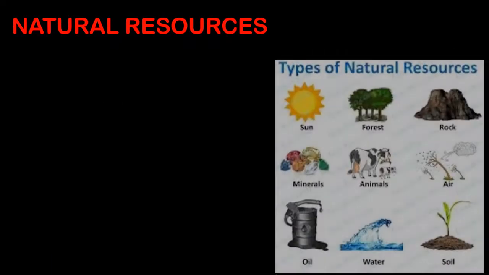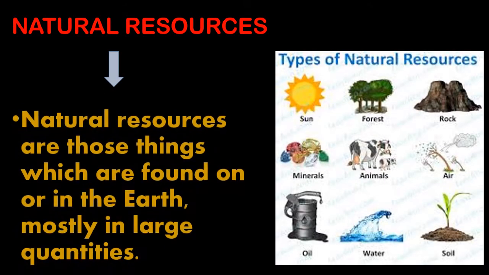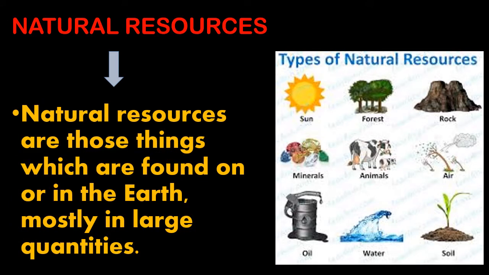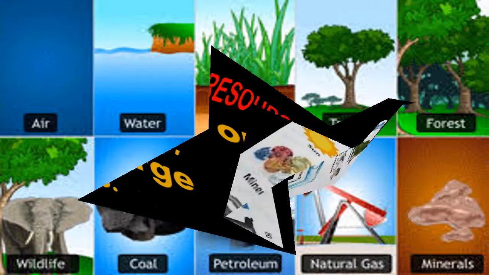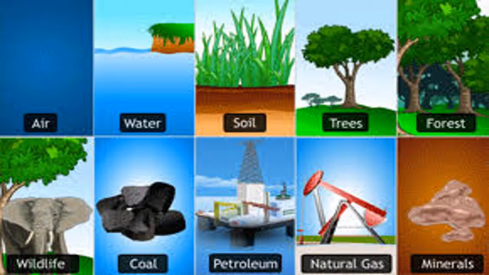So what are natural resources? Natural resources are the substances or things that occur naturally on or in the earth, mostly in large quantities. In this picture you can see different types of natural resources that are essential to support life and meet the needs of people.